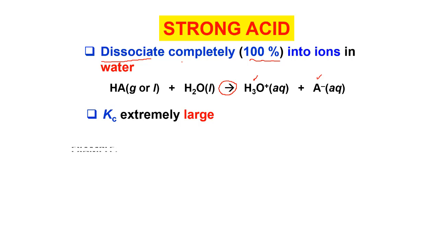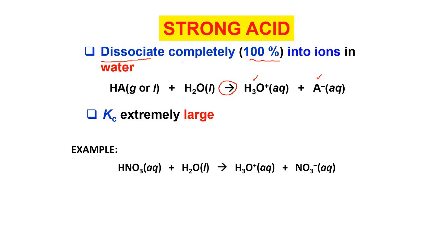Alright. Okay, as an example, let's look at an example here. Nitric acid is an example of a strong acid. So, this is one way we write the equation to show the dissociation of a strong acid. We add water because it is a liquid.